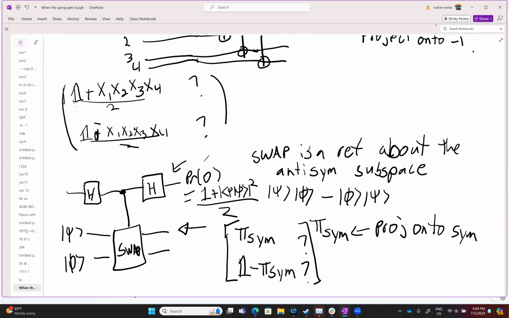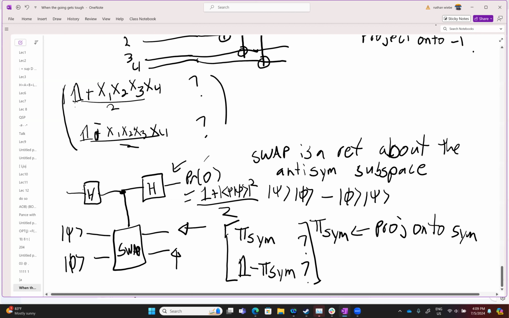So this active way of thinking about a projection can actually be really useful for designing new approaches. Whereas if we had only thought about the swap test as a method for extracting an inner product between two vectors, it might not have been obvious that something interesting is happening to the state, and we're applying either a projection onto the symmetric or anti-symmetric state coming out of it.